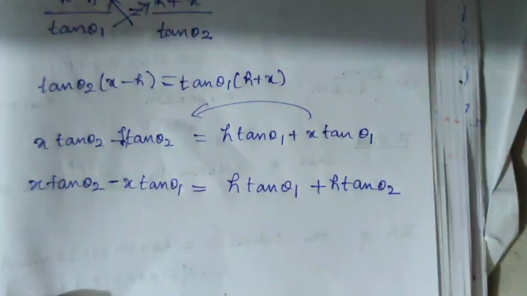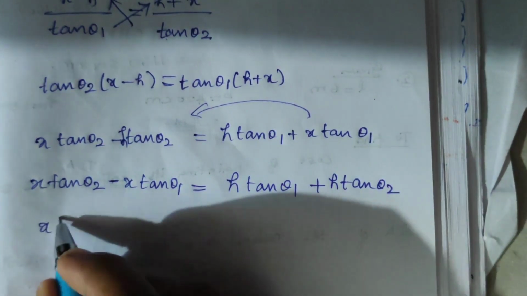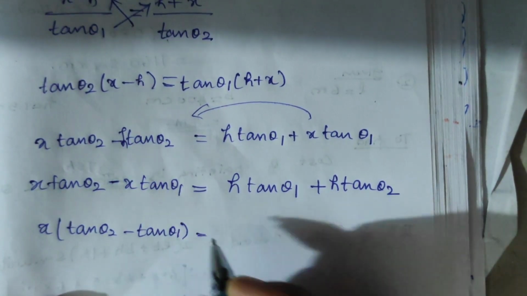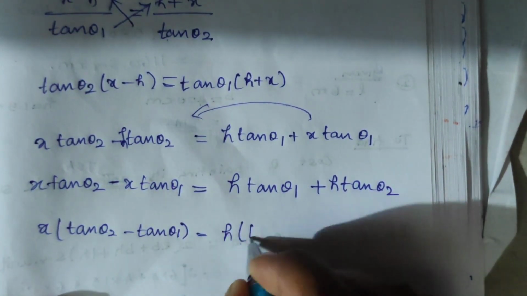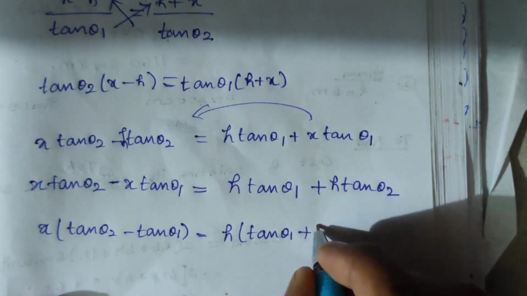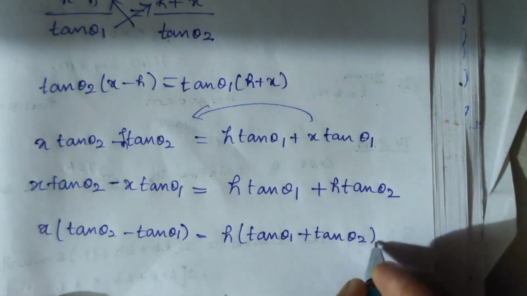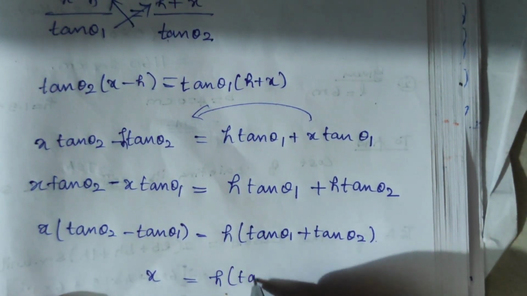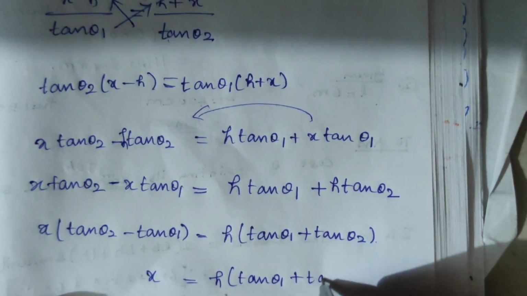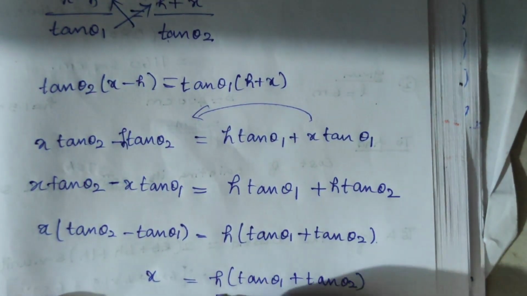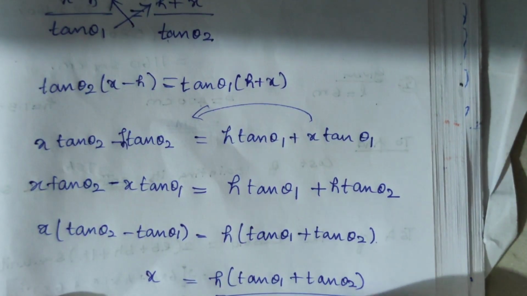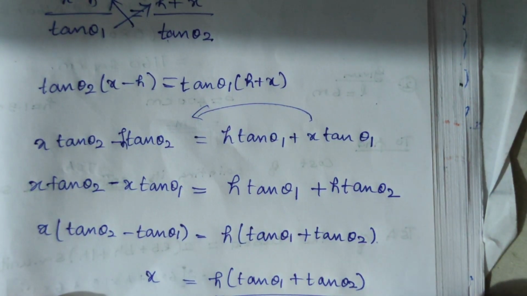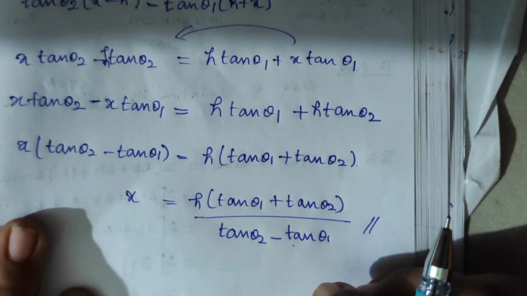Take x commonly outside: x into tan theta 2 minus tan theta 1 is equal to h into tan theta 1 plus tan theta 2. So x is equal to h into tan theta 1 plus tan theta 2 divided by tan theta 2 minus tan theta 1. This is what we were asked to prove, that is the height.